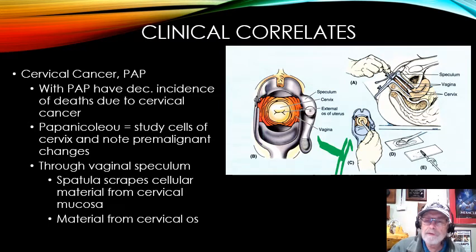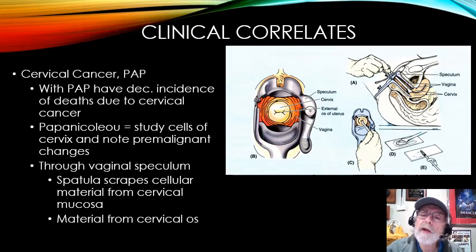A Pap smear is to look for cervical cancer, and that's a whole other topic we could spend an hour on. What they actually do in the Pap smear is take a scraping, and you can see what they're doing down here. This little thing right here is a spatula.